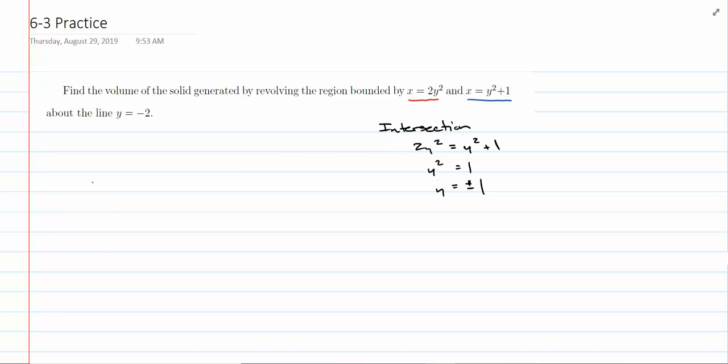So if we graph, maybe positive ones here, negative ones here, we know that these two curves are going to intersect at those points. The first one, the red one, the vertex is going to be at the origin.